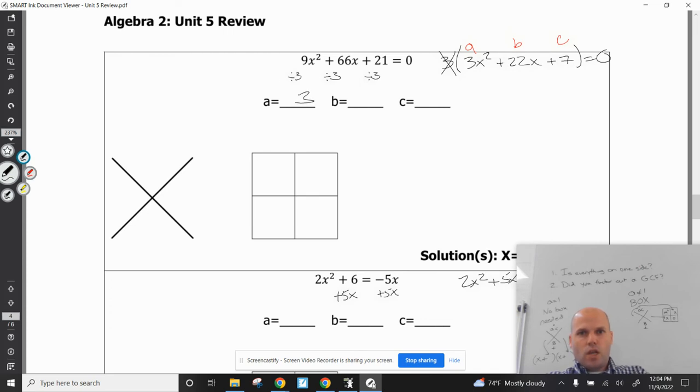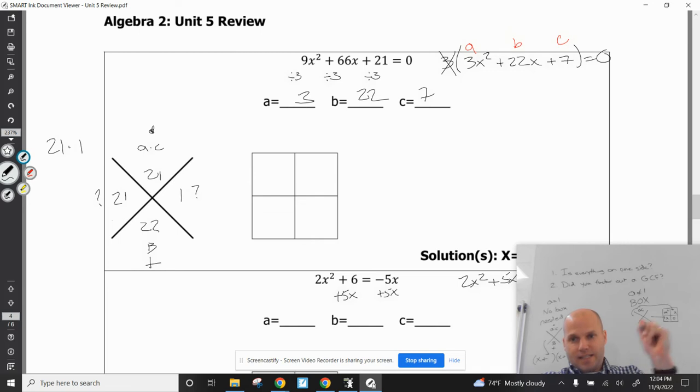So 3, 22, 7. A times C, 21. B, 22. 21 and 1. Right off the bat, I know they add to get 22. So I'm done here. These are my little question marks. This is what's helping me fill in the box.